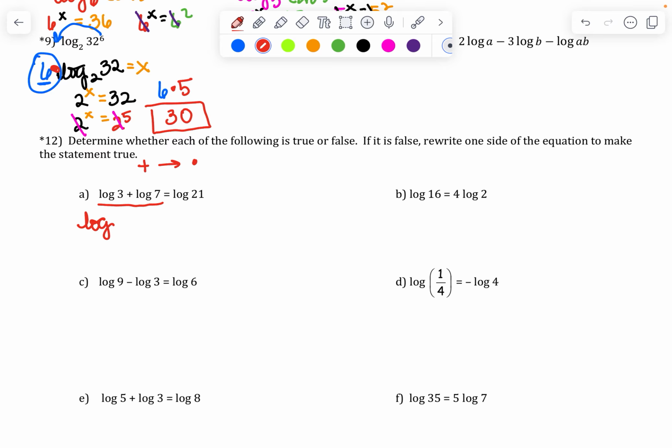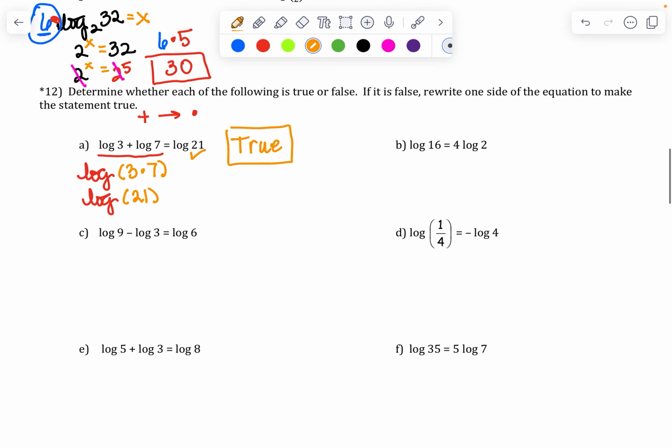Let's go to D. So I'm going to start on this side, and I am going to bring it back here. So what that would be log of 4, and it's not just a negative, it's a -1. Remember, negative exponents mean you drop it. So you keep your log, and instead of the 4 being there, the 4 drops into the bottom, which does check, so that is definitely true.